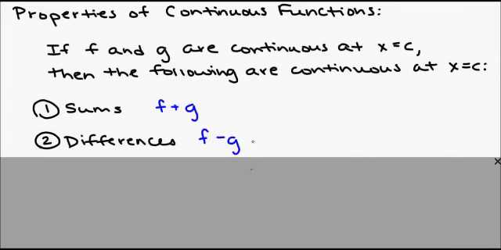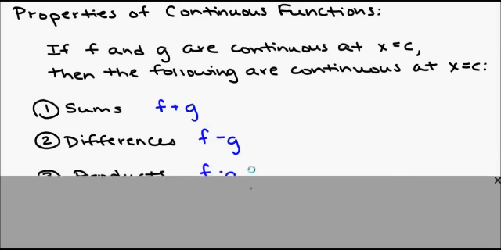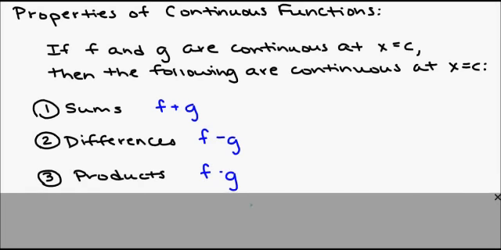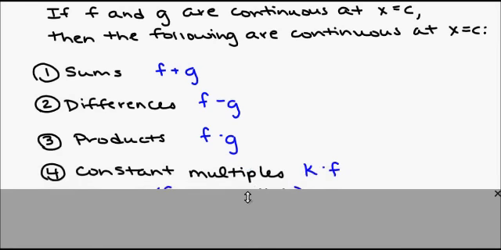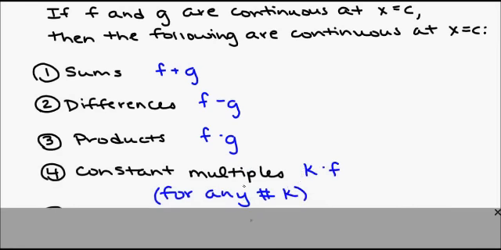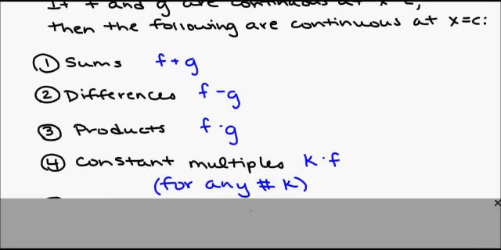Their differences, you could subtract f minus g, g minus f, and you're going to get a continuous function. Their products, you can multiply the continuous functions and get a new continuous function. Constant multiples, so k is a real number, any number, and if you multiply k times f or k times g, you will get another continuous function.